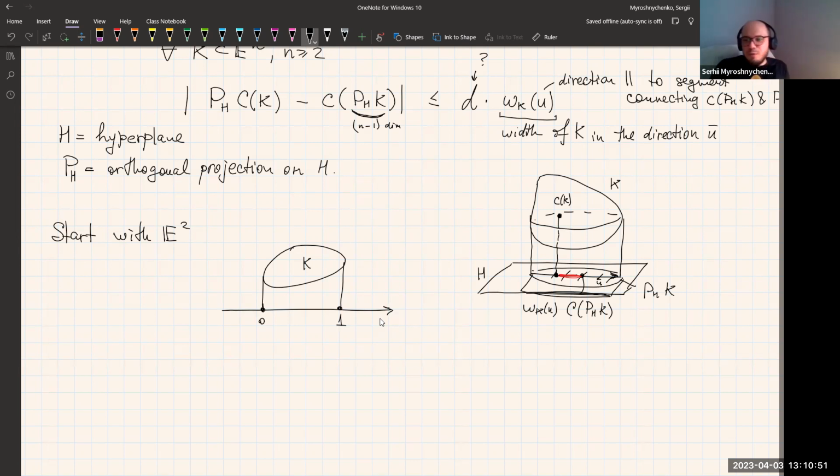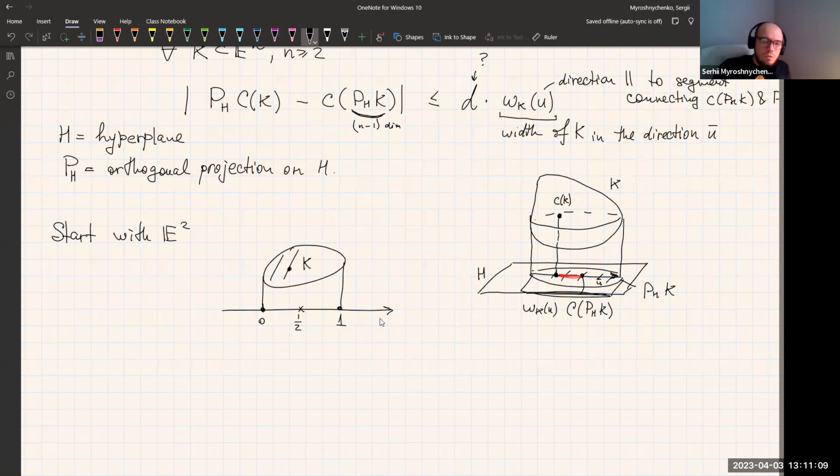The center of the projection would be the center of the segment, which is the point 1/2. The center of the body, I don't know, it can be very far or very close to it, but let's say it's somewhere here.